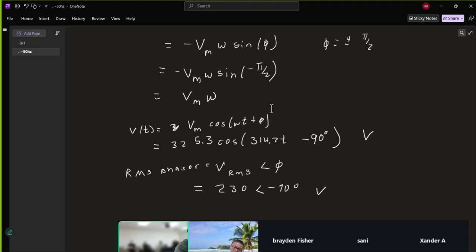Okay, so any questions on that one? So for the time domain, we want to use the max over root 2, and for the phasor, we'll use the regular V max, not divided by square root 2. Well, what did the problem say? The corresponding phasor in RMS form.